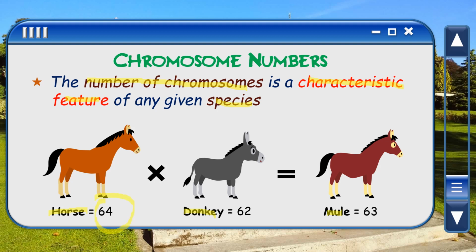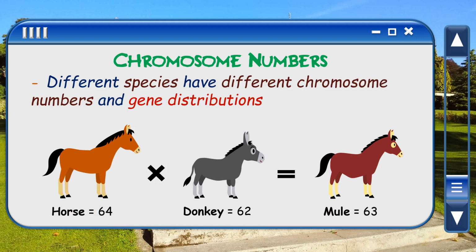The donkey has 62 chromosomes. And the mule has 63 chromosomes. So those are the characteristic features for those given species. The species of horses has 64 chromosomes, the species of donkeys has 62 chromosomes, and the species of mule has 63 chromosomes.